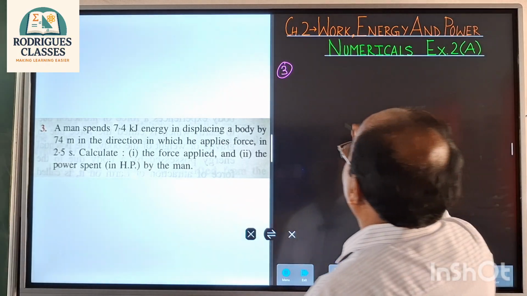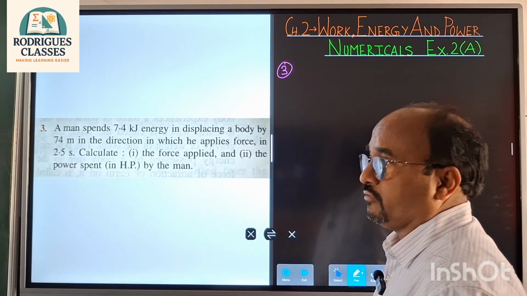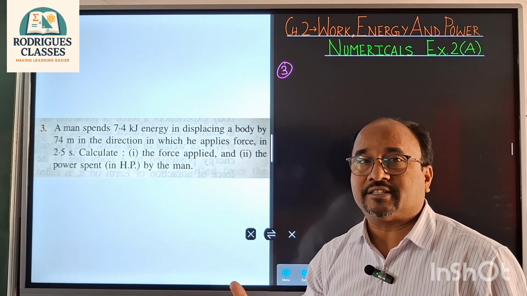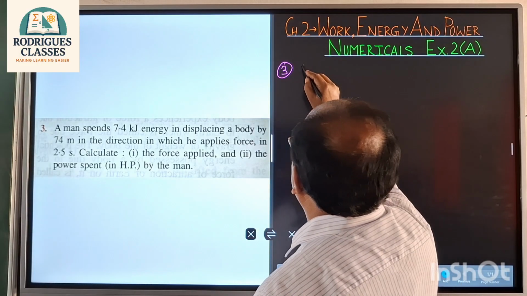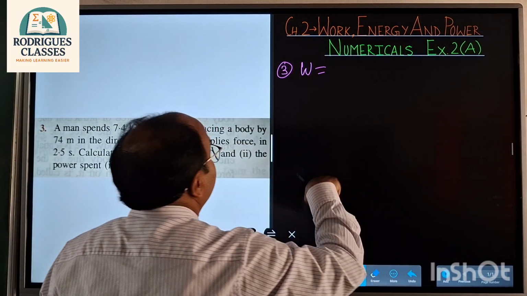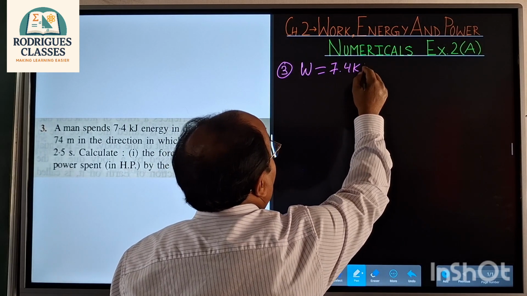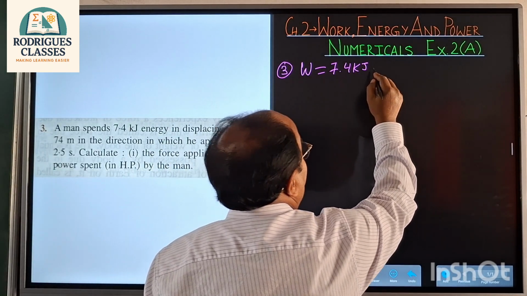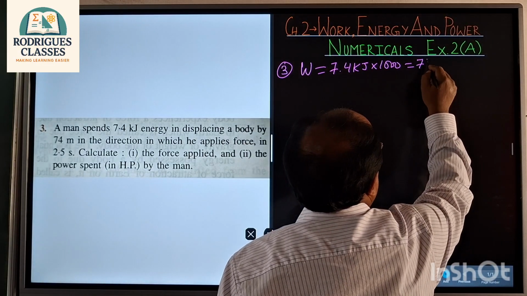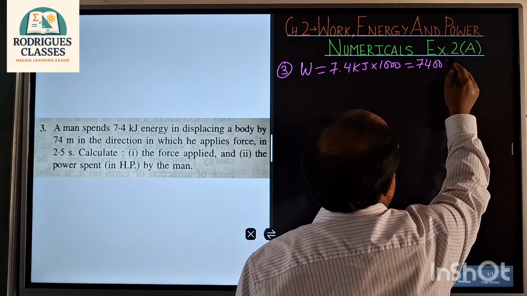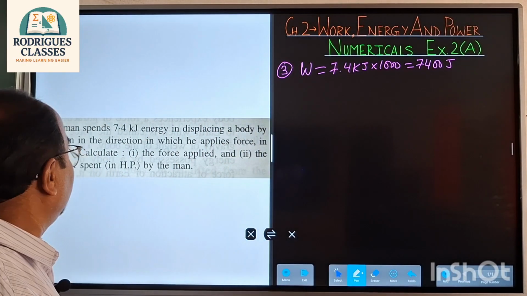So first of all, I am going to write here the energy which is given. You know that energy is the ability or capacity to do work. So I can take this as work done. Okay, so 7.4 kilojoule. I will multiply with 1000, and so I will get here 7400 joule. So this much is the work done in joule.